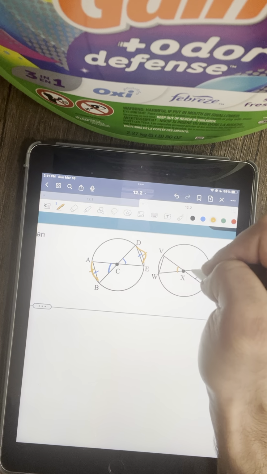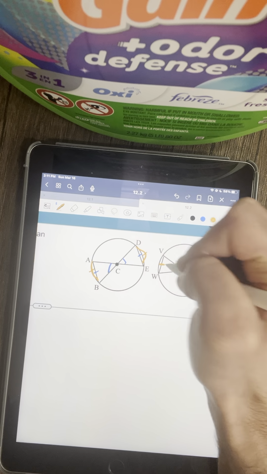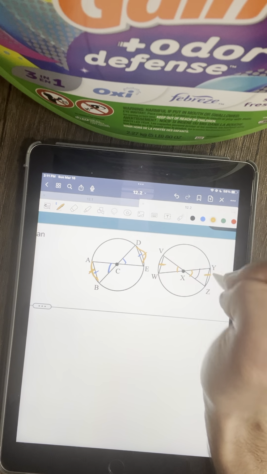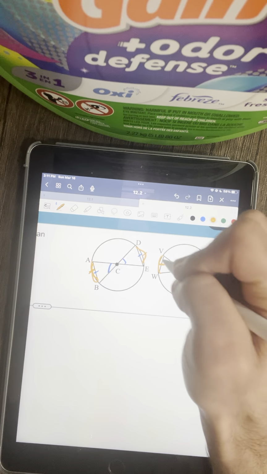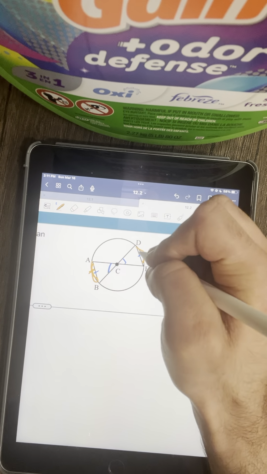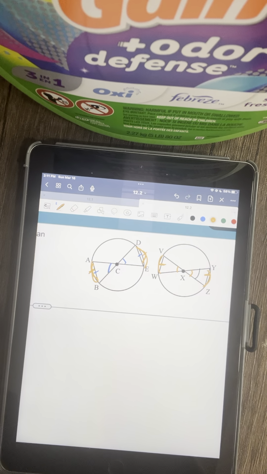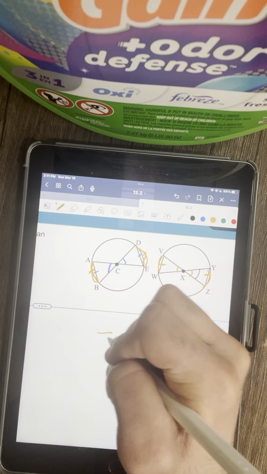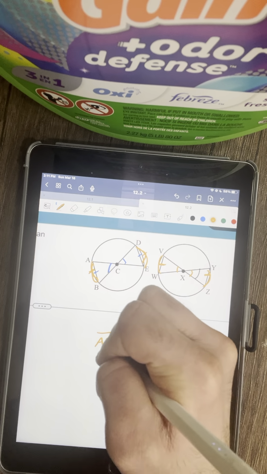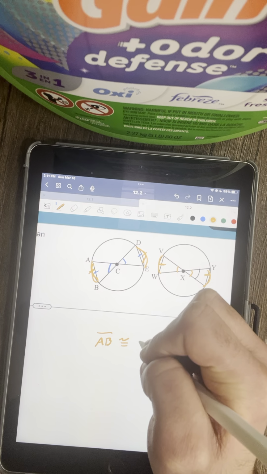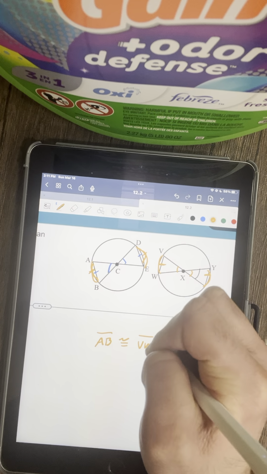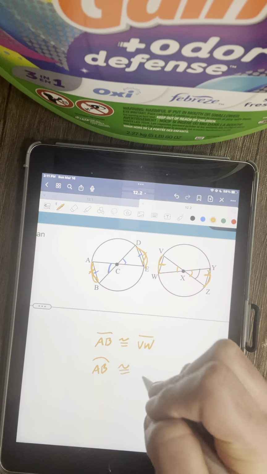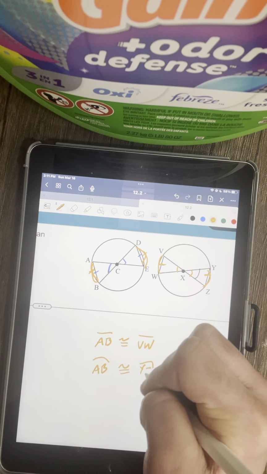And the same thing here. This chord is going to be congruent to this one over here, as well as this arc is going to be congruent to this arc, and this arc congruent to that one. So what can I say? I can say that line AB is congruent to segment VW, and I can say that arc AB is congruent to arc YZ, one of those.